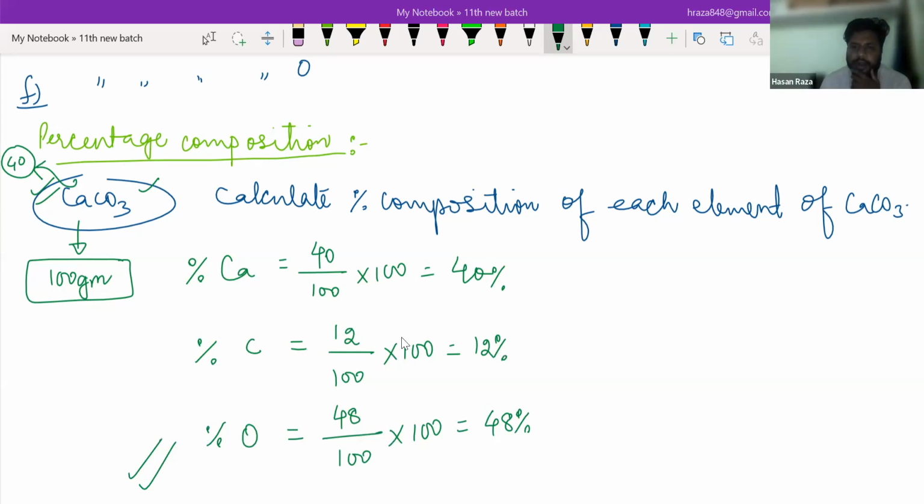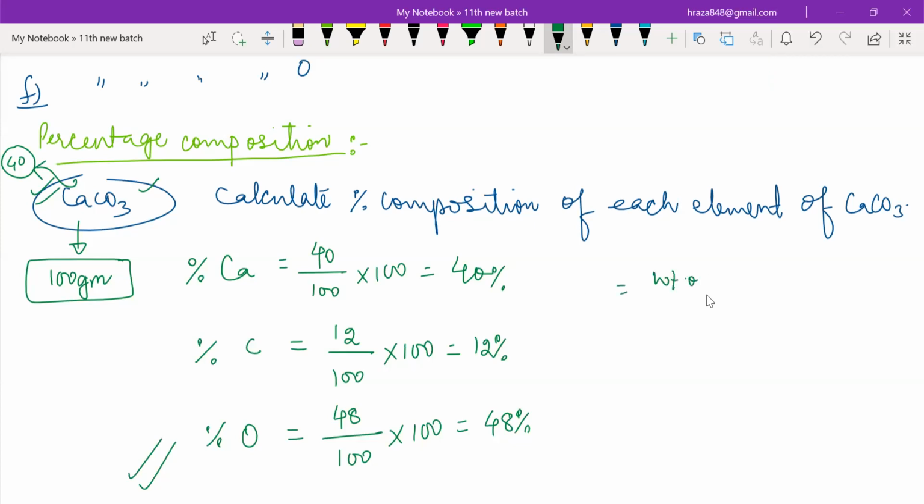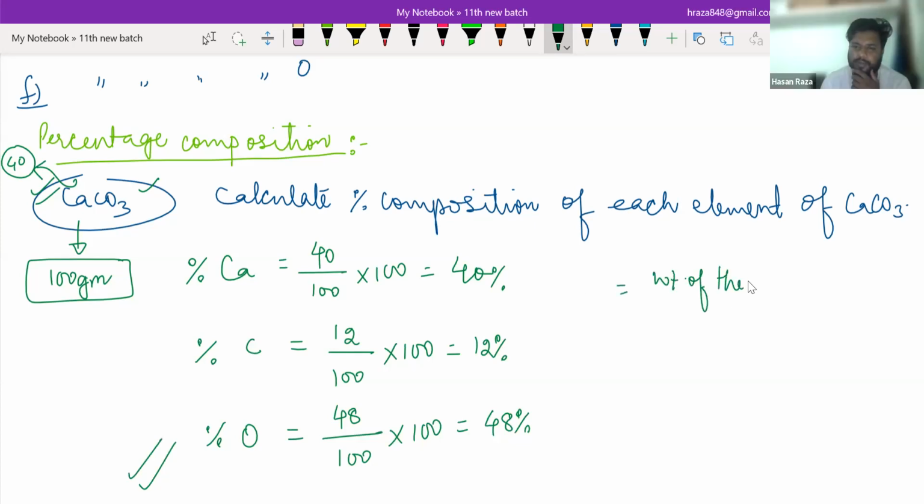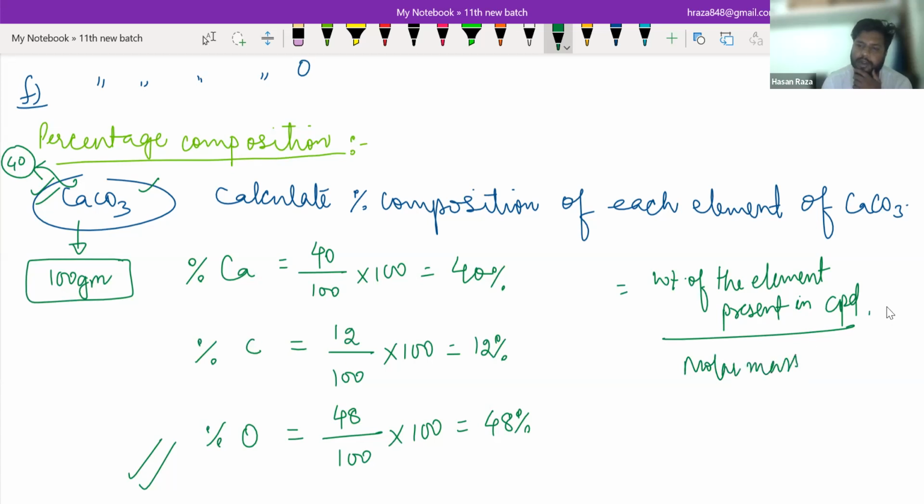You are going to write weight of the element present in the compound upon total mass, that means molar mass, into 100. This is the concept of percentage composition.